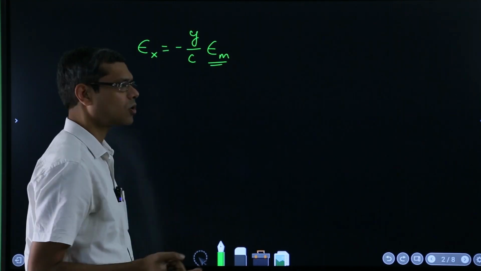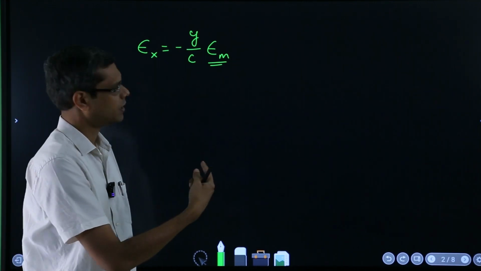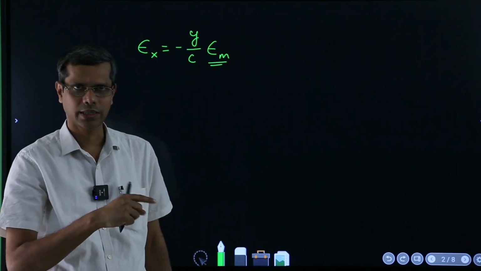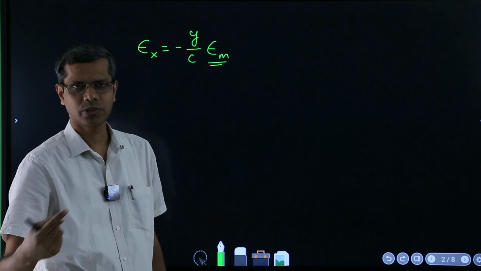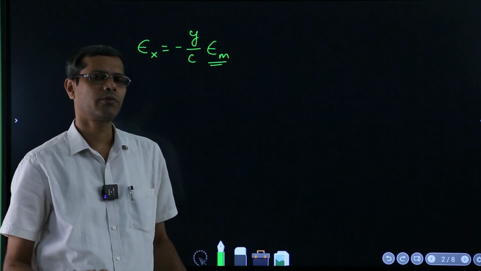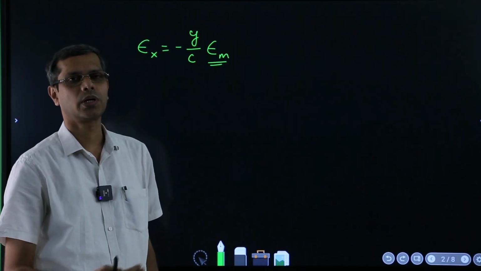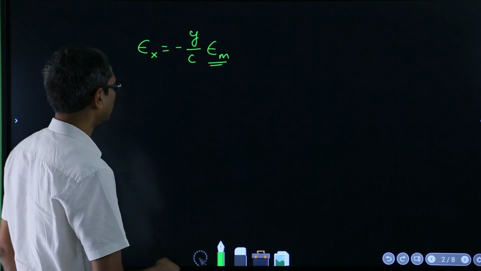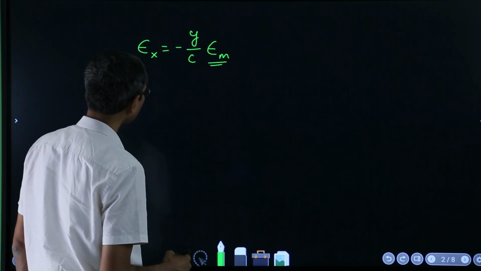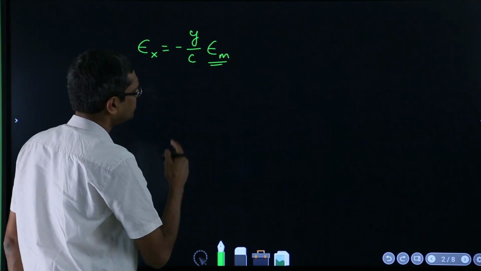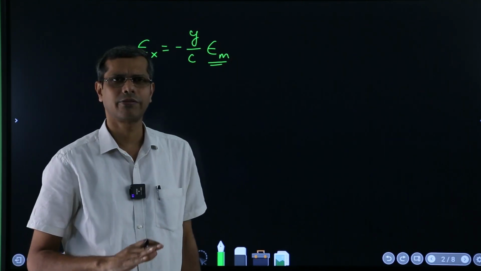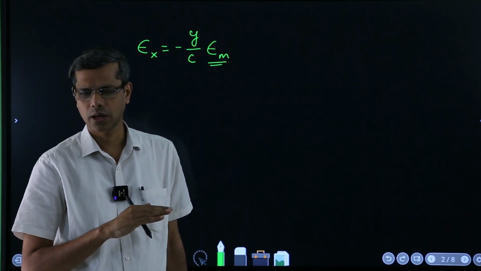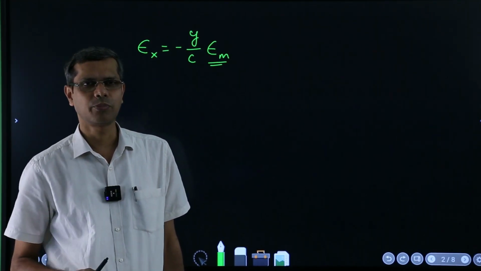If you remember the torsional theory, we followed the same steps. We first derived a relationship like this with respect to the maximum strain, and then using the equations of equilibrium we figured out the distribution of actual stress with respect to the applied loading. So the same steps we will follow here, under the assumption that all the strains are very small and the materials are still under the yield point limit.